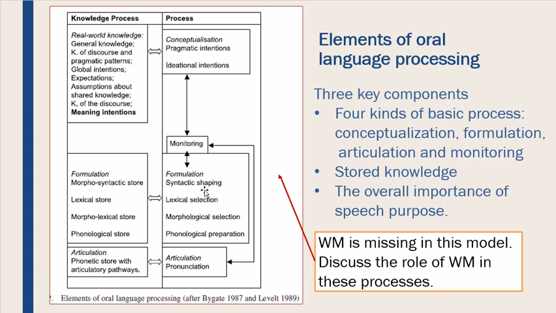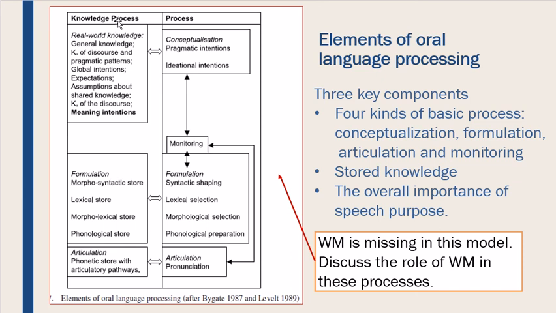Now, the other component in this model is the stored knowledge, and that's here. This stored knowledge is the knowledge that we store in our long-term memory, and finally, the overall importance of speech purposes, which contributes to the type of knowledge that we process.